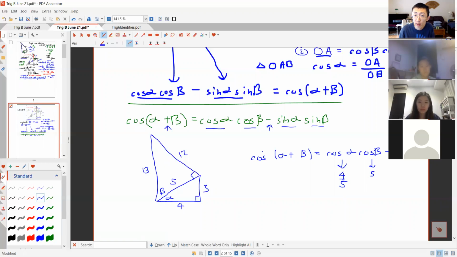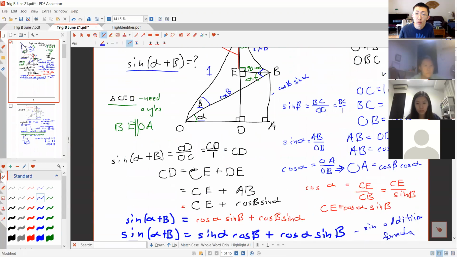Cos beta is 5/13, minus sine alpha, so 3/5, times sine beta, and what was it? 12/13. So 20 minus 36 equals negative 16 over 65. Okay, so actually this is an obtuse angle. So, okay, we get that.